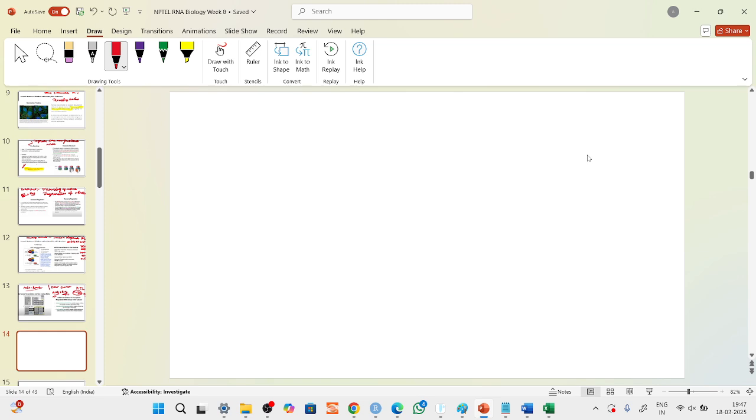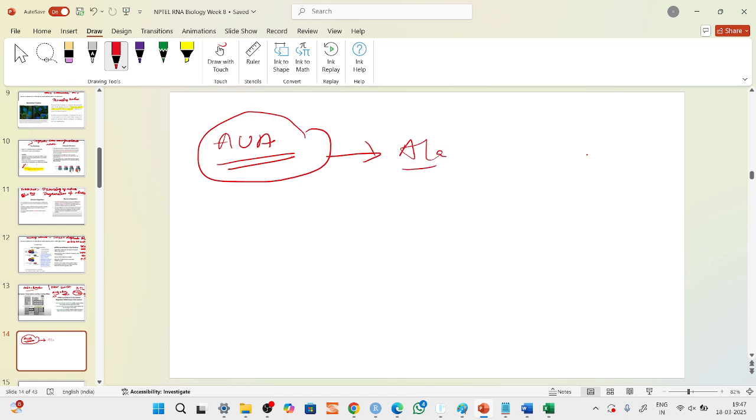So nonsense mutation means that suppose there was a codon AUA, and suppose it codes for alanine, let's say.